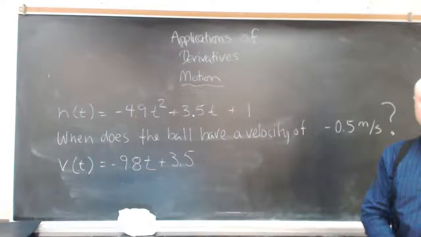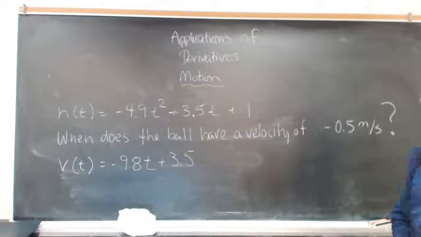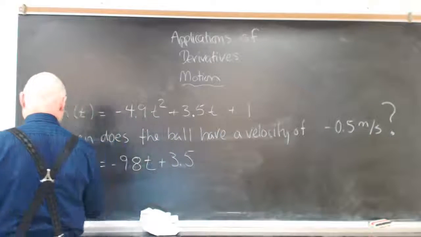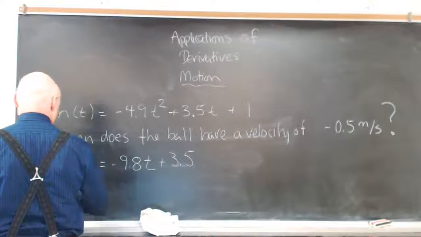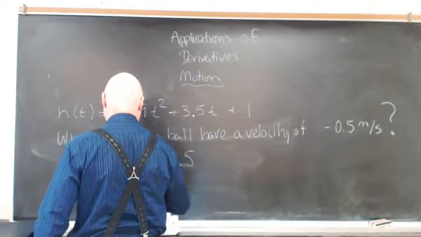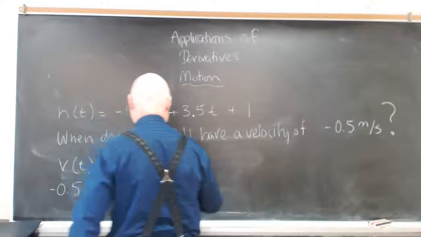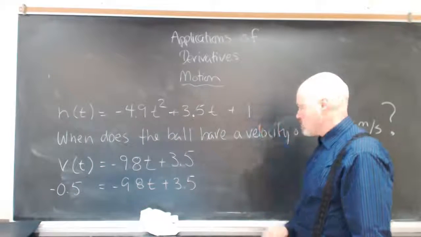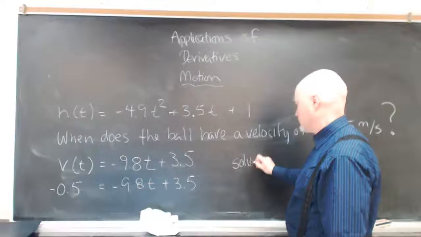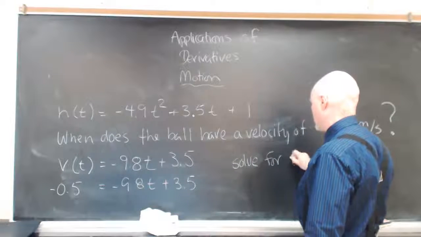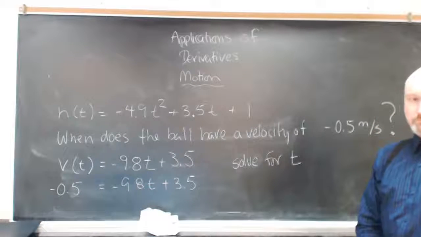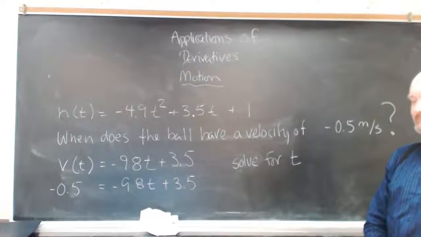So substitute negative 0.5 for my velocity. That's right. And then solve for t. I'm pretty sure we can do that. It's all good.